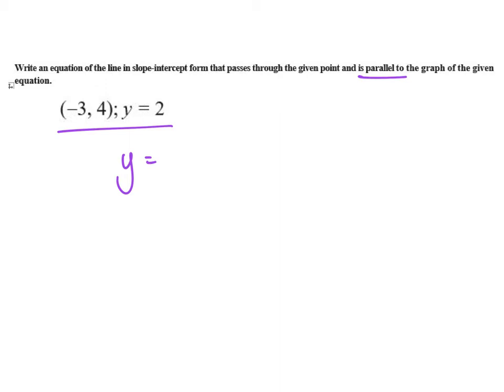If this second equation needs to pass through the point -3, 4, remember this is x and this is y, what does y have to be equal to in order for that equation to pass through that point? We already have y equals 2. Look at the point. What is the y value of that point?